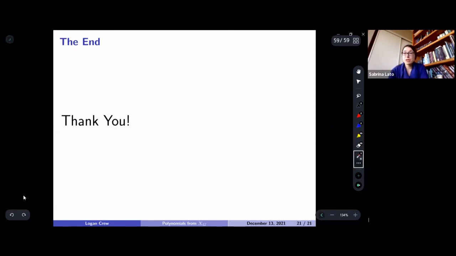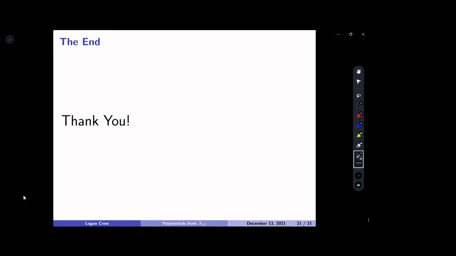Are there any questions for Logan? I have a question. Is it possible to create a polynomial to obtain the chromatic number of classes of graphs, for example, using polynomials?